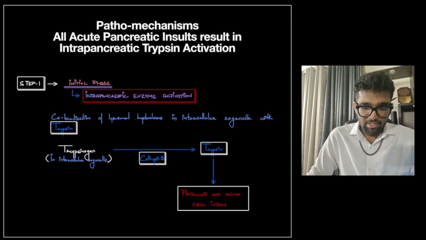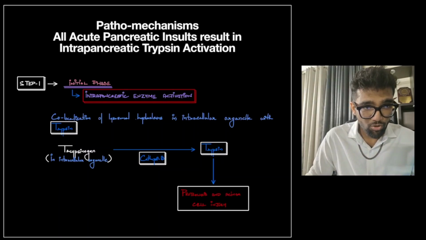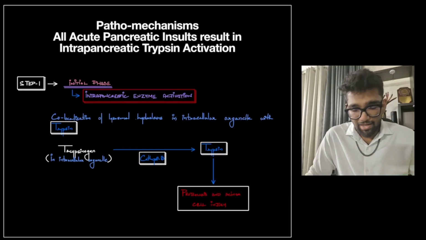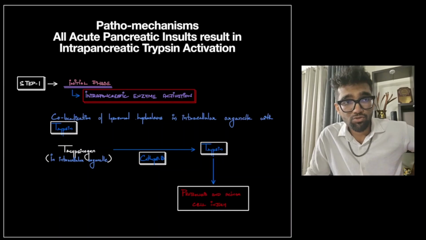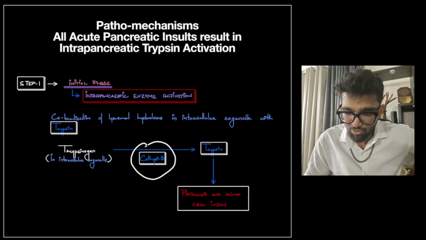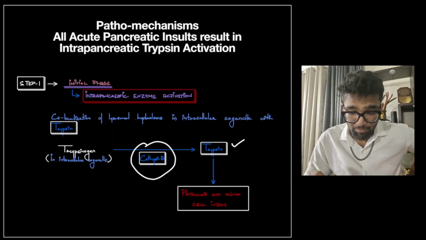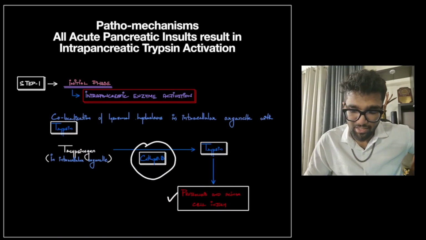Now, the lysosomal hydrolases that are present in the intracellular organelles do not normally contain trypsin, and because of this, if there is lysosomal co-localization of trypsinogen, that results in cathepsin B, an enzyme mediated activation of trypsinogen to trypsin, and that trypsin then causes proteolysis and acinar cell injury.